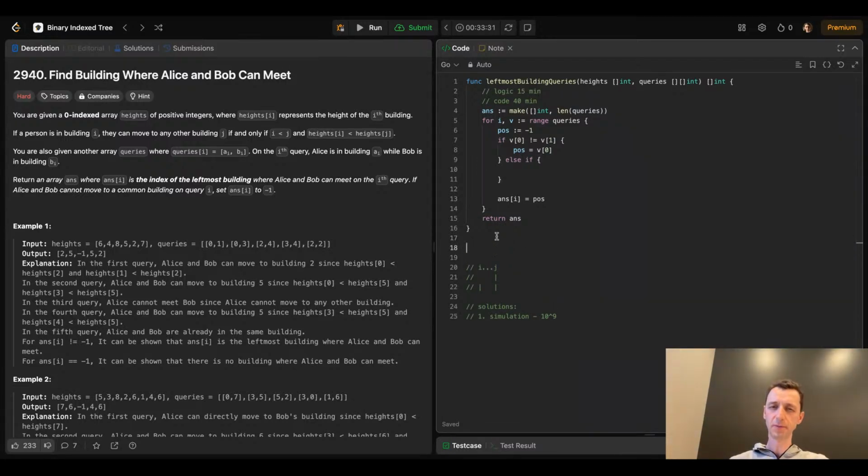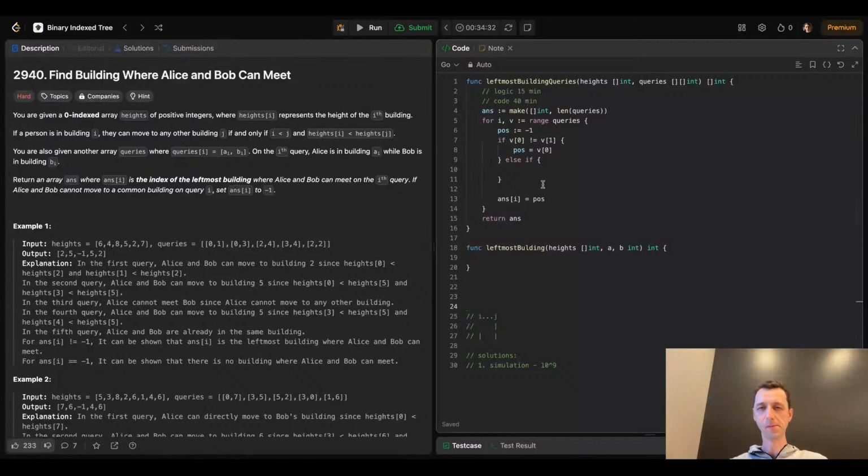Yeah, let's make a function which will be leftmost building, and it will get the heights and the positions, and it will return us the position.